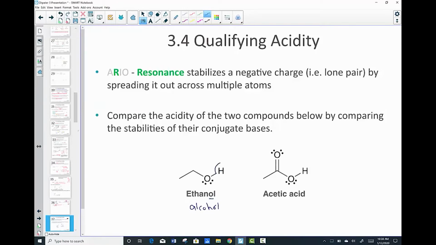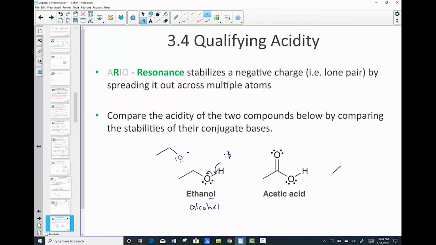When the proton is abstracted by some base, the bond collapses and you have a negative charge here, this oxide anion, O negative.